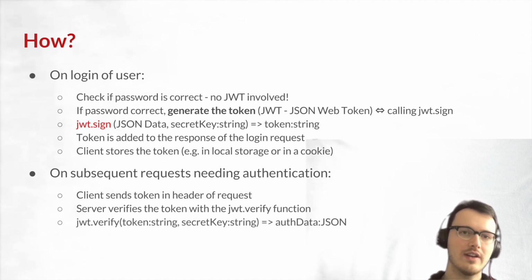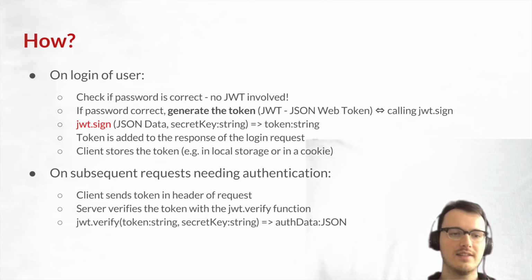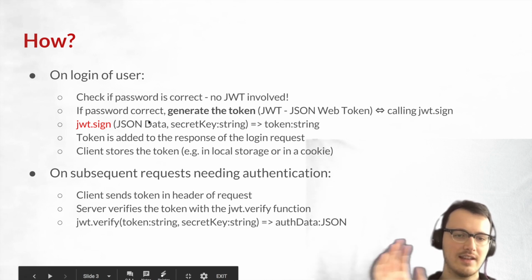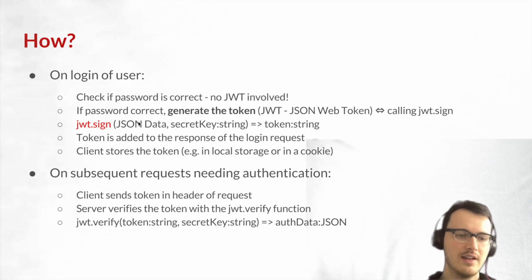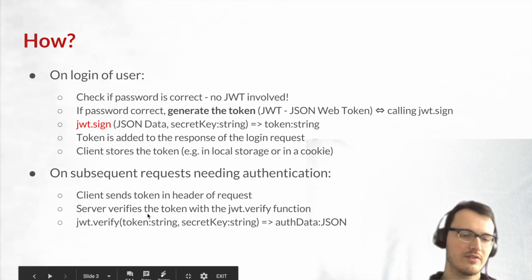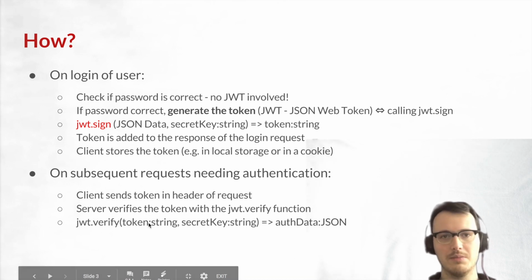It takes the token and the secret string, and it then decodes it into the initial JSON input data. So signing is taking JSON, taking secret, producing a token, and verifying is taking a token, taking the secret, and returning the authorization data. And if this token, of course, is just some random string, nothing will be produced.